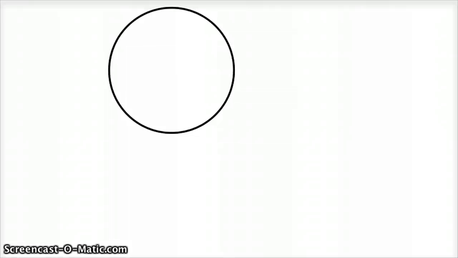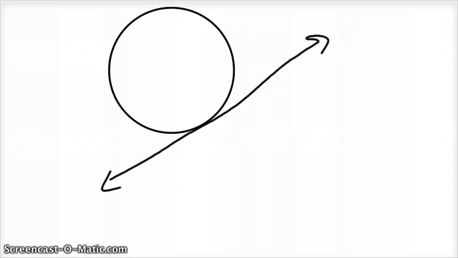Now there's some properties that go along with chords and tangents and radiuses. When you have a tangent, that's the main thing here. When you have a tangent, I'll try to draw a better one. That's not too bad. So there's a tangent. It hits right at that point, right there. I'll do it in a different color so you can see it. And so here's, let's say, the center of my circle.